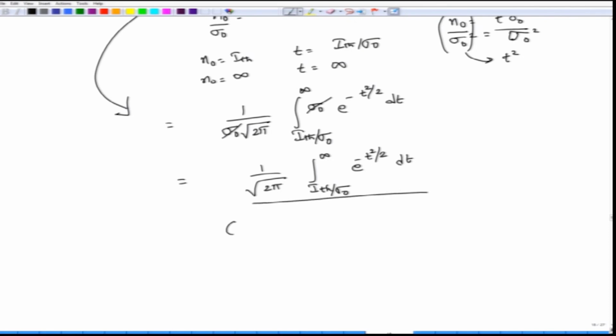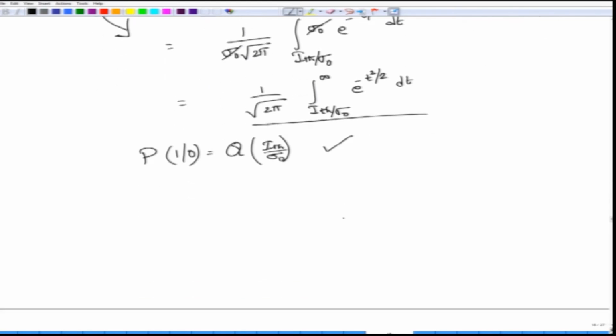This is nothing but Q of ITH by sigma 0. So if I know the threshold current, then the threshold current divided by sigma 0 gives the probability that you get 1 when you have actually transmitted a 0. So the receiver mistakenly identifying a 0 as a 1 is given by this expression.